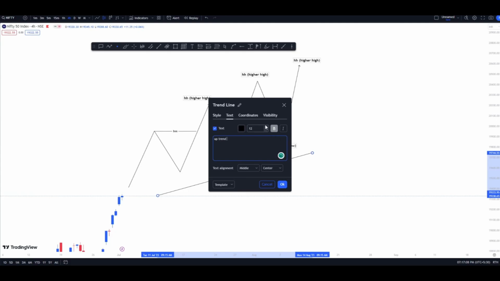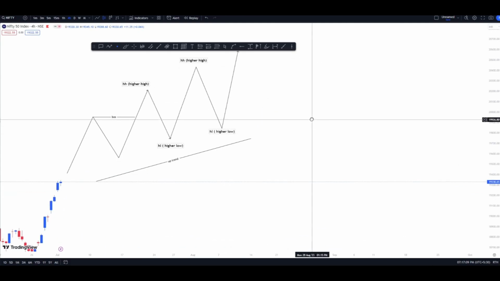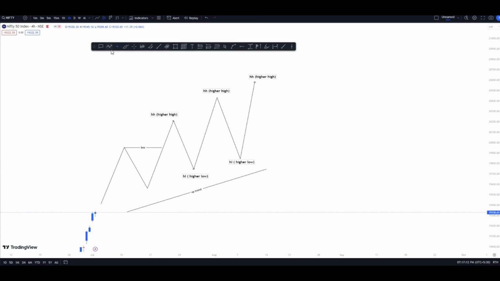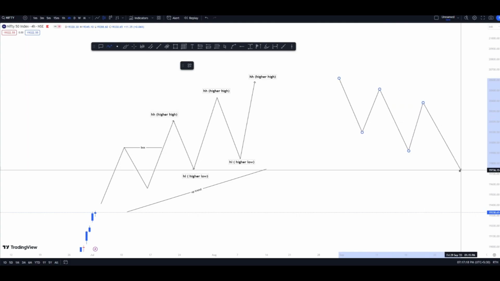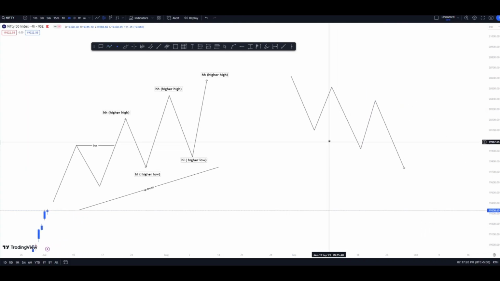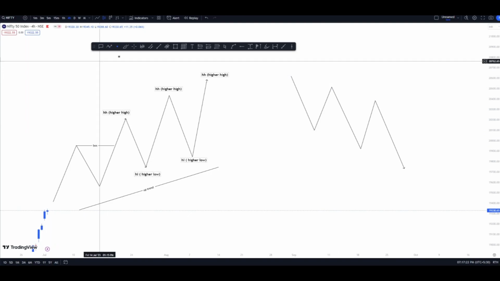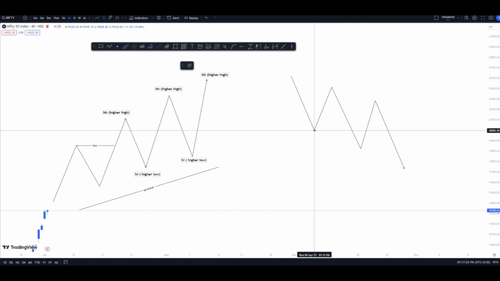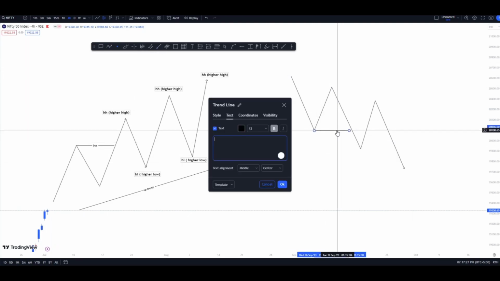Okay, so what happens in a downtrend? Market will make lower highs and lower lows. A break of structure towards the downside, we'll call a bearish break of structure.